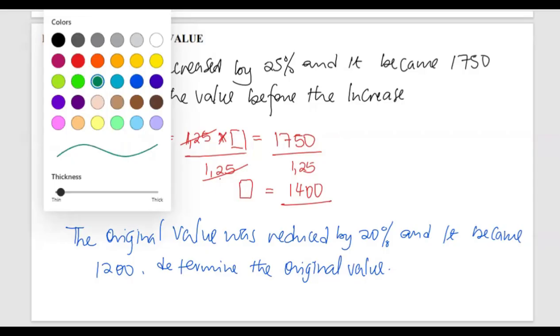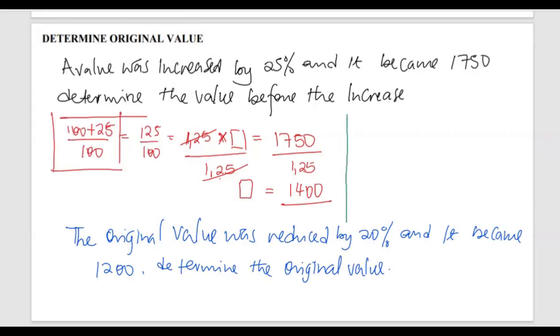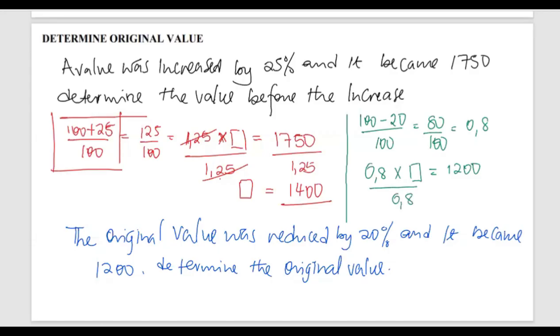Allow me to use the green, and I will do it here. So the number was reduced. That means 100 minus 20 over 100, which is 80 over 100. This in decimal format is 0,8. So it was 0,8 times a given number, and the answer became 1,200. So we divide through by 0,8.